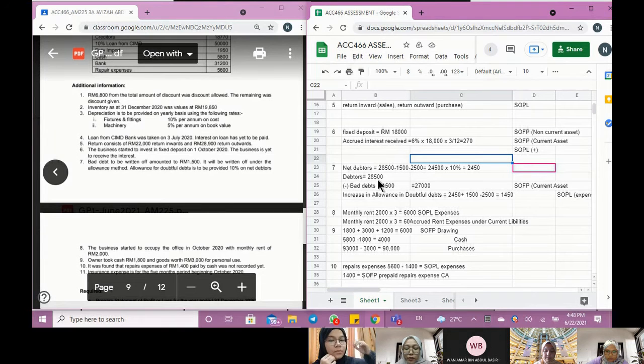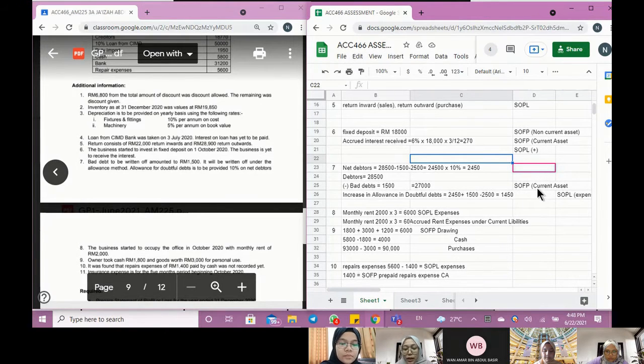And for the debtors on the statement of financial position, in the current asset, we need to minus the debtors, which is 28,500, with the bad debts that we calculated earlier. After we minus the debtors and bad debts, we get 27,000. It will affect the statement of financial position under current asset.